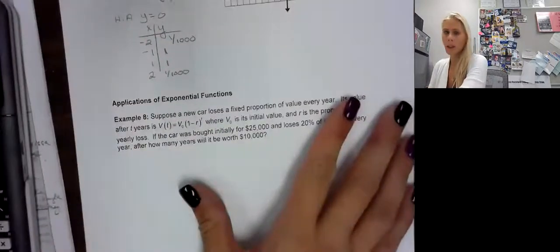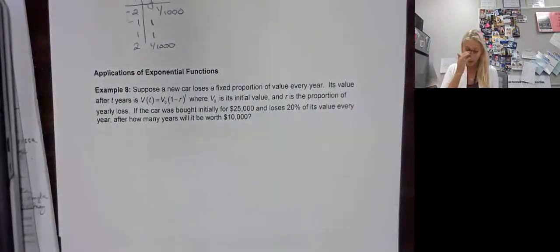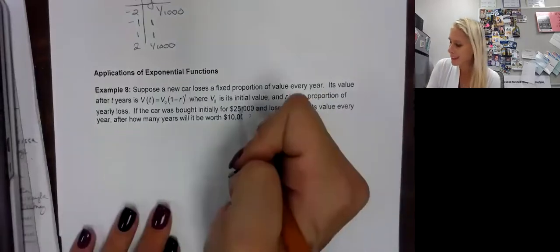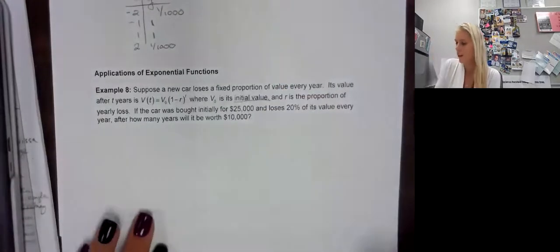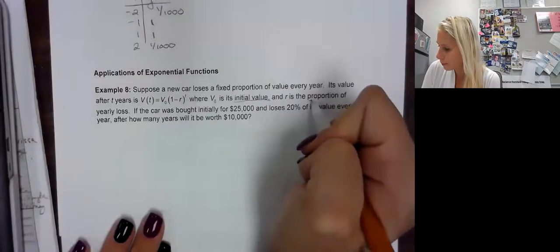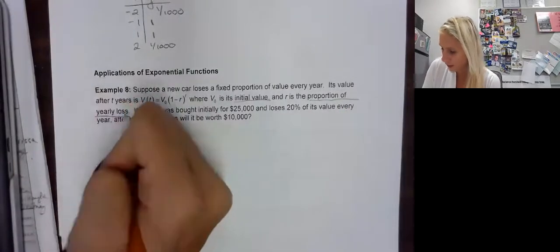One more and then we're done. Okay. Here we go. Suppose a new car loses a fixed proportion of value every year. Its value after t years is v of t equals v sub 0 times (1 minus r) to the t, where v sub 0 is the initial value, that's very important, and r is the proportion of yearly loss.